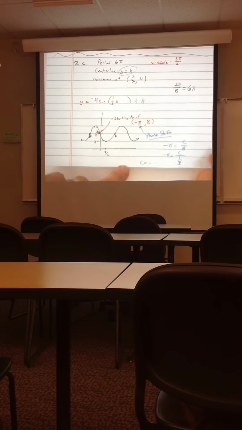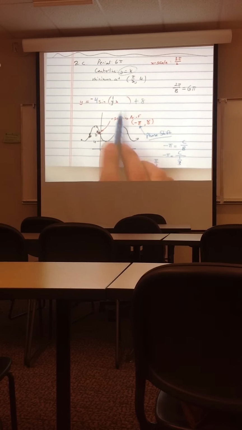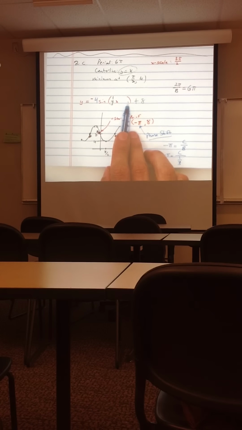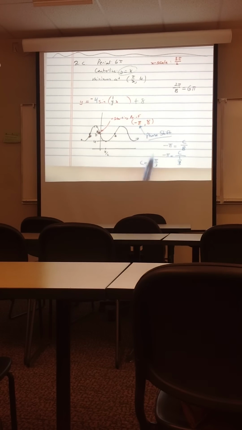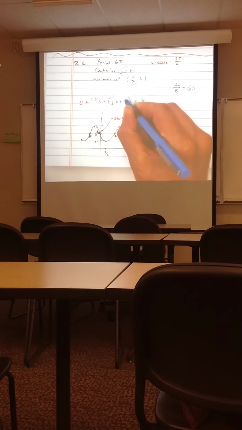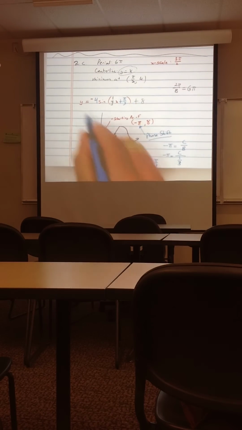Negative pi over 3. You gotta multiply both sides by 1/3. Okay, now remember, it's bx minus c, not plus c, because it's opposite. So we're gonna have plus pi over 3. We are done.